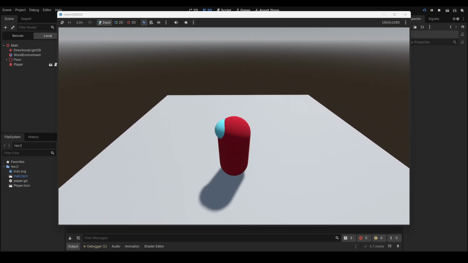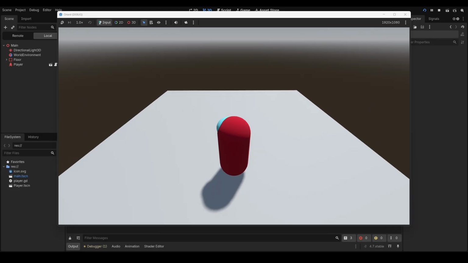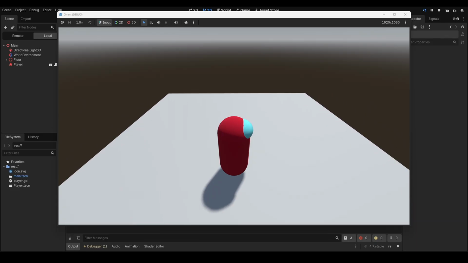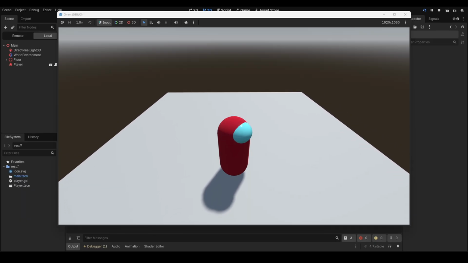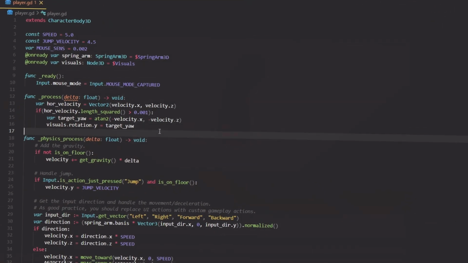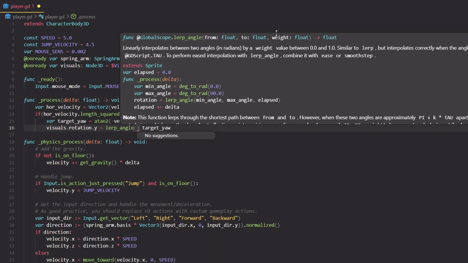However, you can see it's very snappy, and the reason for that is that we are setting the angle instantaneously. What we can do instead is something called lerping, which means we will slowly move towards a target value instead of setting it in one go. So to lerp to an angle, we can use a function called lerp_angle, and what it wants is from, to, and a weight.